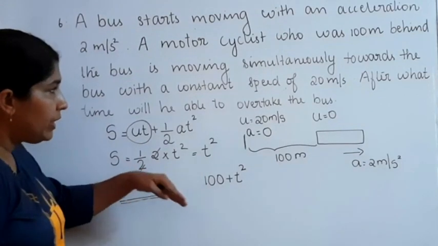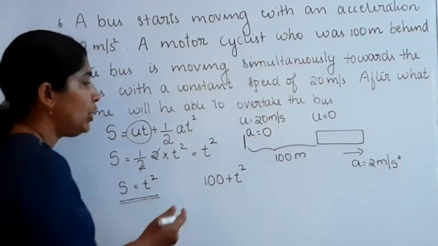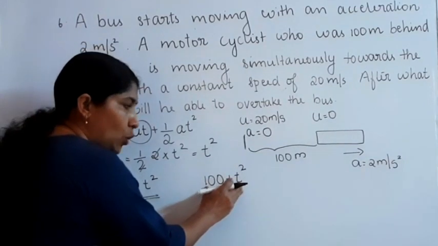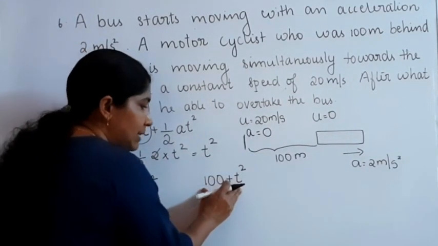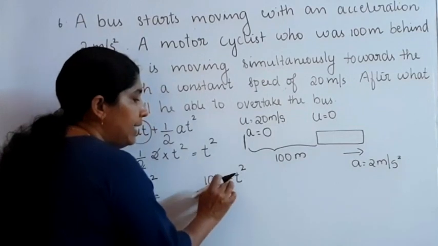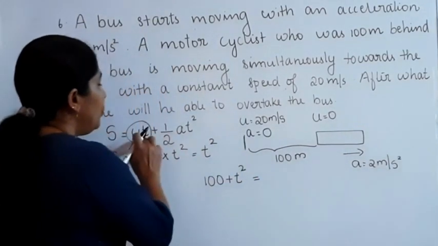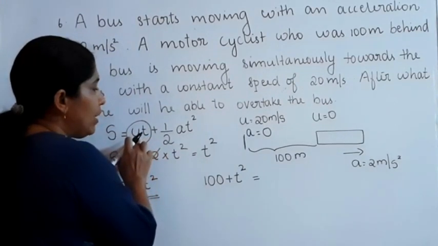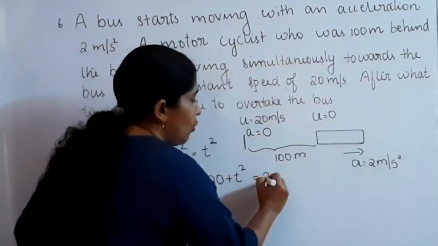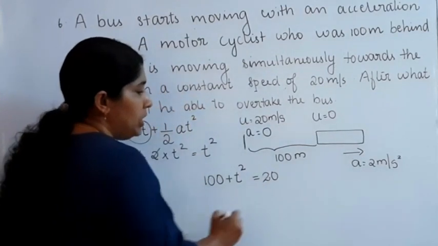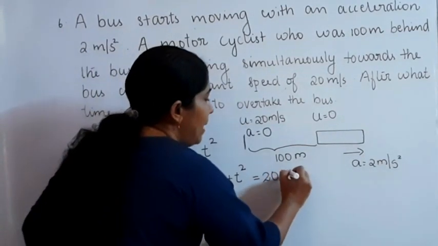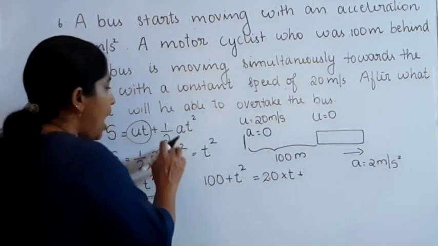Now, to overtake the bus, the motorcyclist travels a distance of 100 plus t square, that is equal to ut. What about u? u is equal to 20. In the case of the motorcyclist, the distance is 20 into t plus half at square.